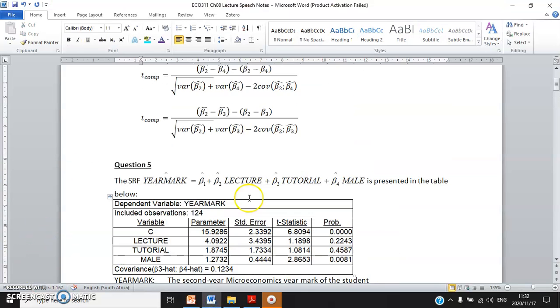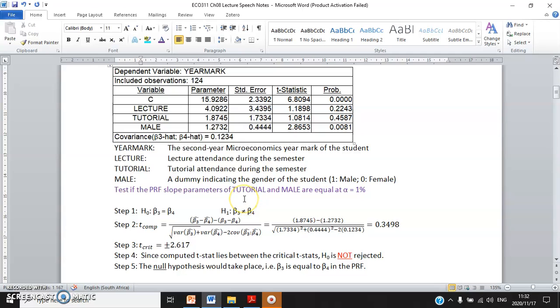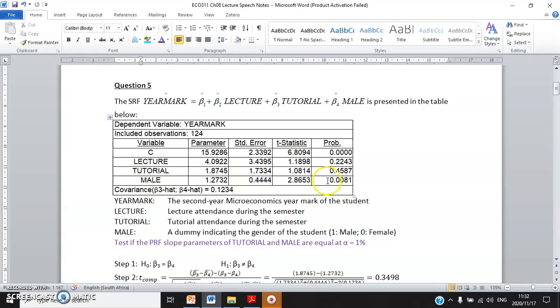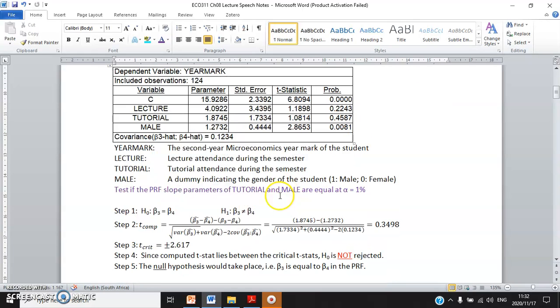I think in the study guides there are 2 or 3 examples given to you, and in order to fully refresh your memory, I'm going to do one question here. This is a multivariate regression, year mark explained by lecture attendance, tutorial attendance, and whether the student is male or not. It is a male dummy, so that relates to chapter 9, the dummy variable chapter.